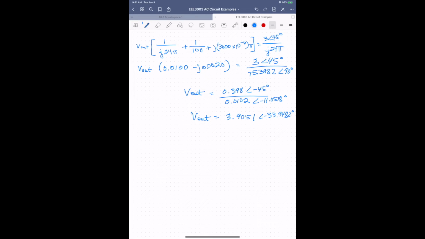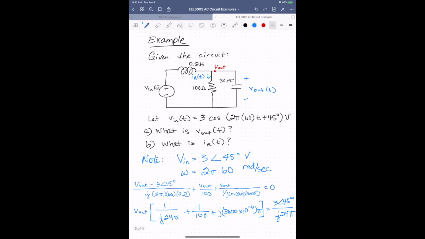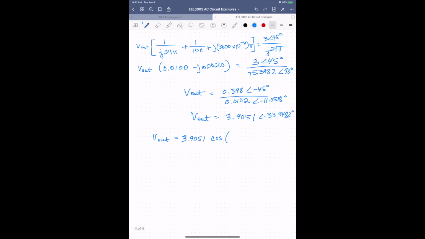The last step is to write it as a time value, so we have V out equal to 3.9051 cosine, and what was omega? It was 2 pi times 60. I always write down omega is 2 pi times 60. I'm just going to leave it as 2 pi times 60 since that's the way it was given in the problem.